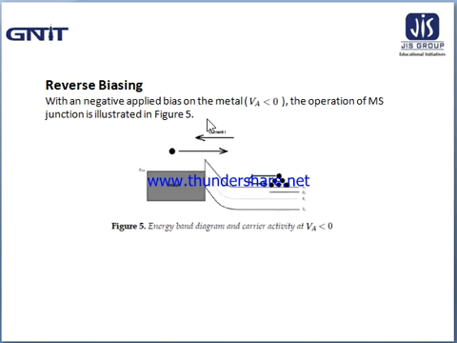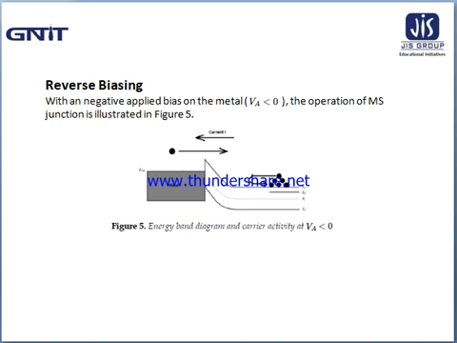Now, if there is reverse biasing, with a negative applied bias on the metal, that is VA less than 0, the operation of the metal semiconductor junction is shown in figure 5. The Fermi energy of the metal becomes higher than the Fermi energy of the semiconductor.